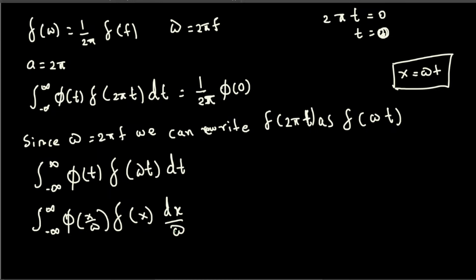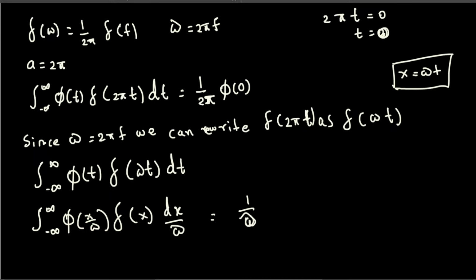Since we are integrating with respect to x, anything except x is going to be a constant, so we can move this omega to the front. So this is going to become 1 over omega, and this impulse function only happens when the time is equal to 0, because we don't have any shift or anything. So anything except 0, we are not going to have any value.